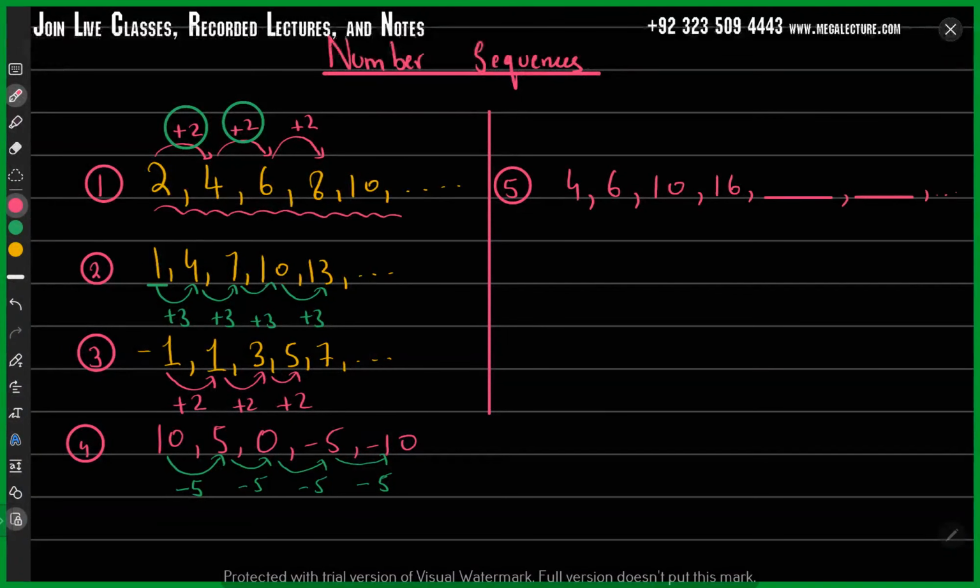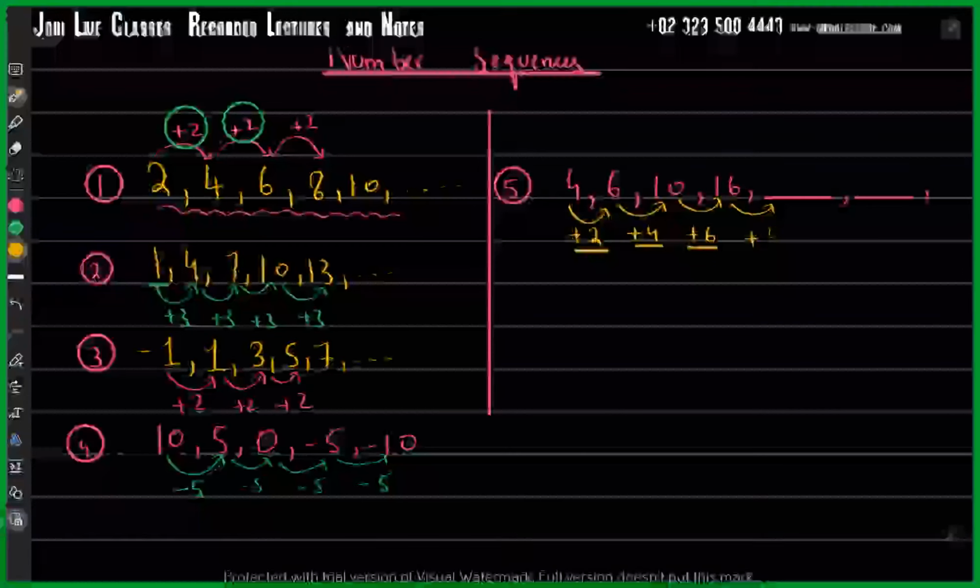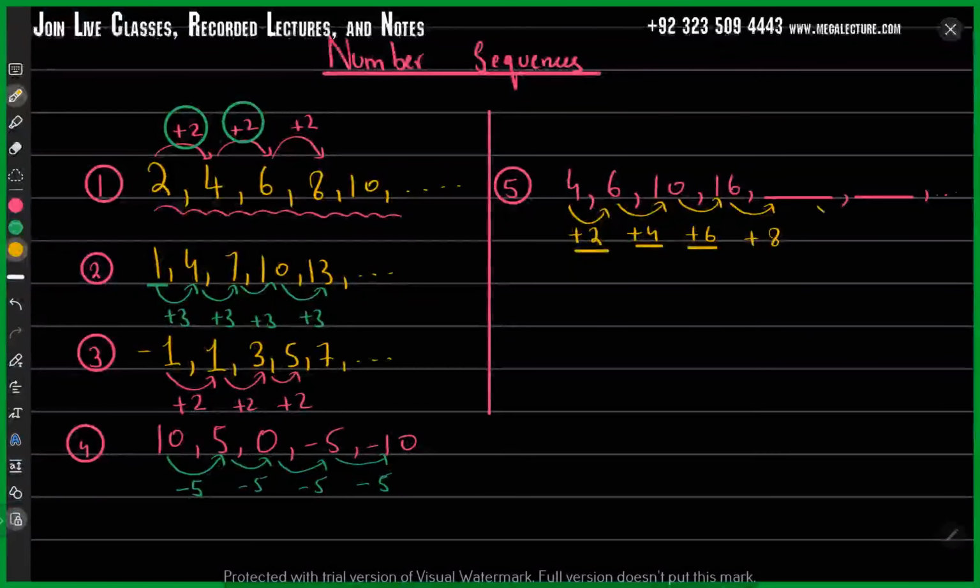From 4 to 6, I have added 2. From 6 to 10, I've added 4. From 10 to 16, I've added 6. So I've added 2, 4, 6. It means that next time I would be adding 8, and next time I would be adding 10.